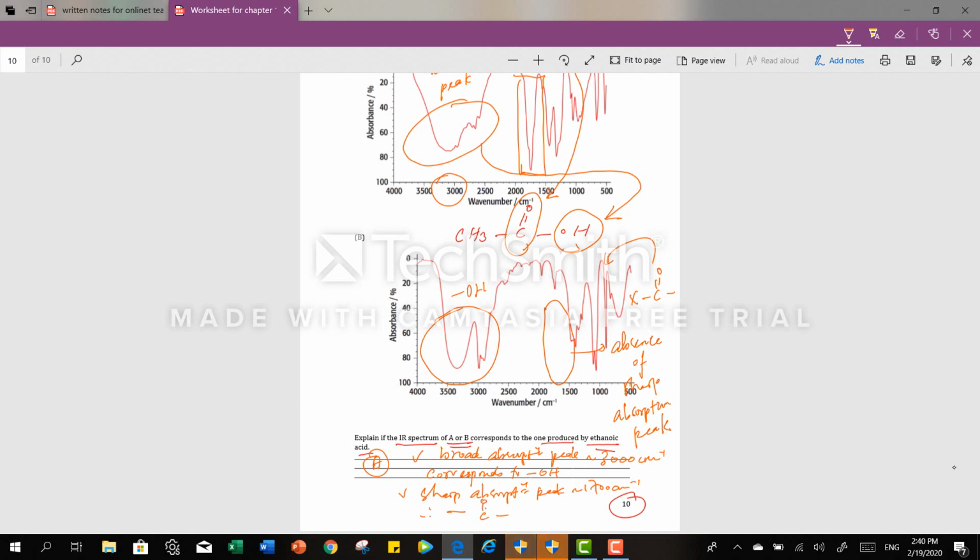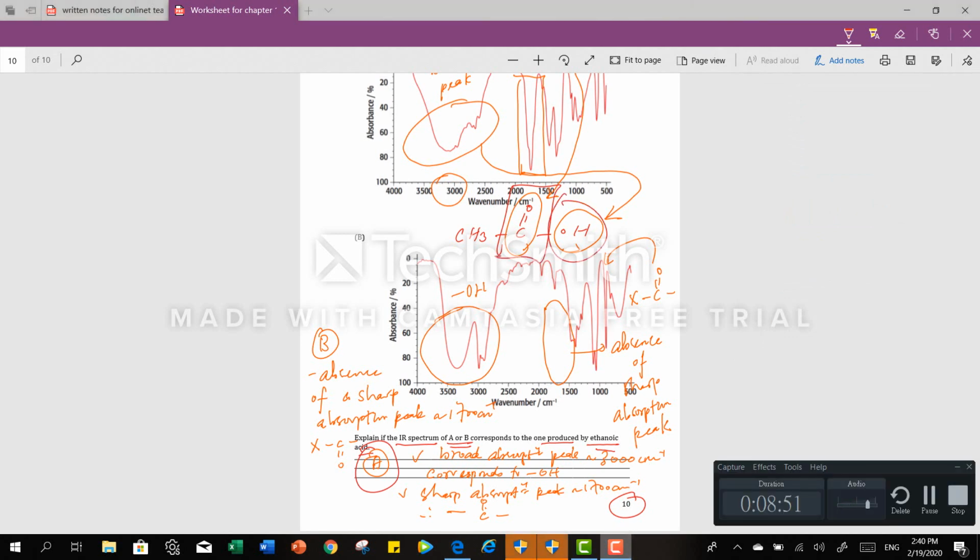You can also mention for B, there is an absence of a sharp absorption peak at around 1700, so there is no C=O. Therefore, the answer for ethanoic acid will be A, because ethanoic acid contains both the C=O and the OH. Do you understand what I'm saying?